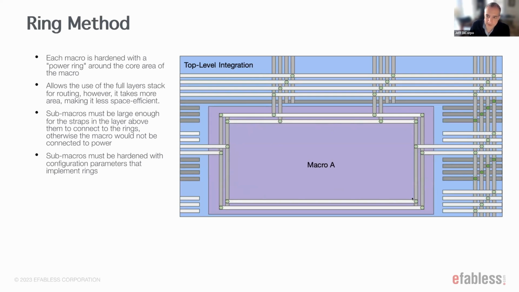The downside is the rings take additional space, so they can be less efficient depending on your design. But basically, in this case, every sub macro is implemented with rings, and then they're connected to the periphery, like you see in the diagram here.